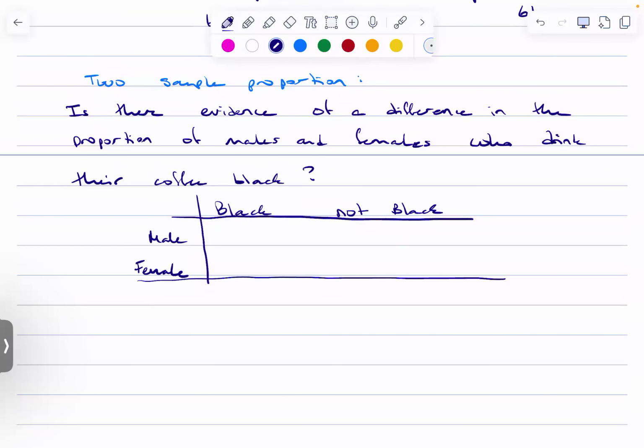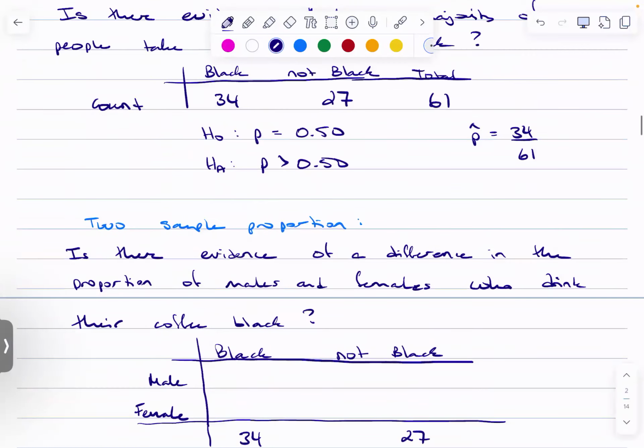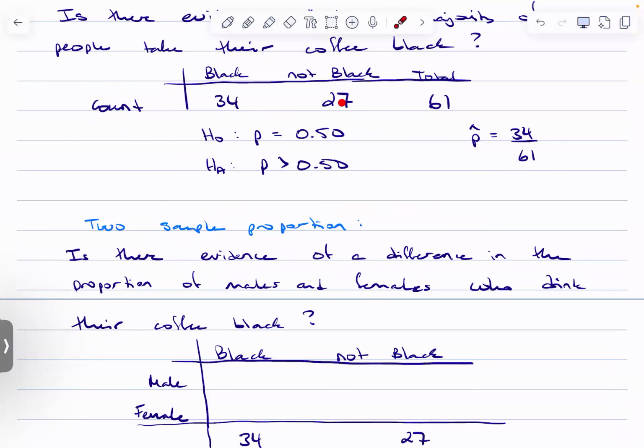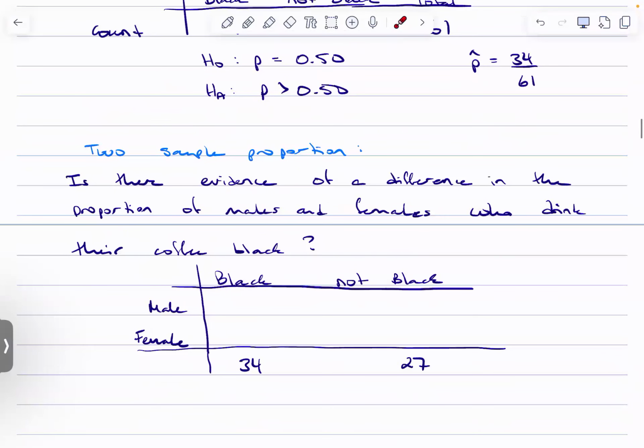Even using the same fake data that I had, right? If we do 34 and 27, that was from the totals right here. Then let's say I have 15 males and 19 females. And let's say I have 27, let's say, 17 and 10.